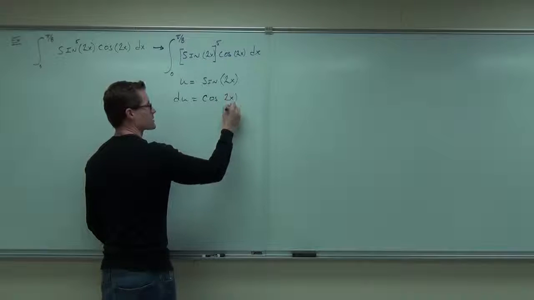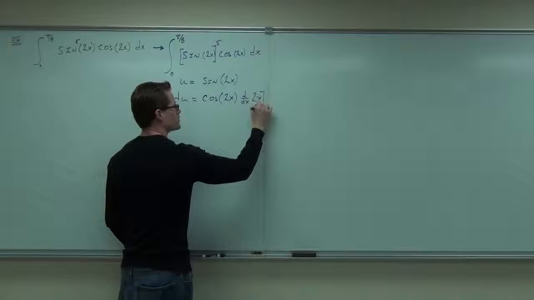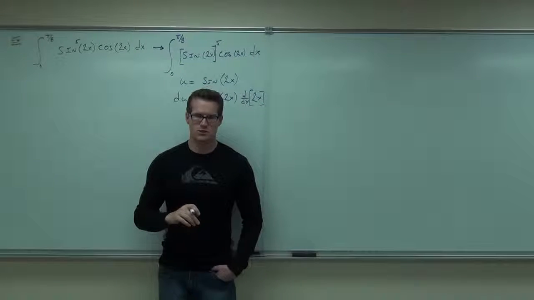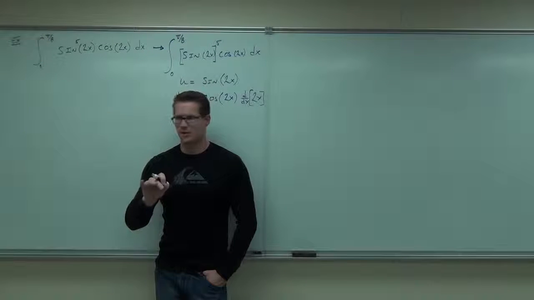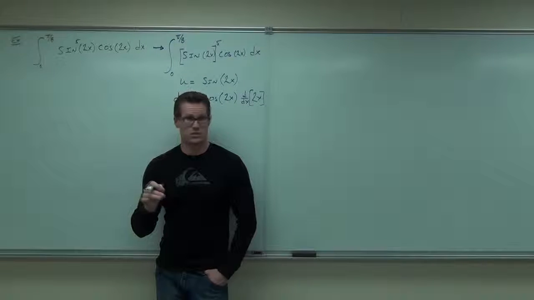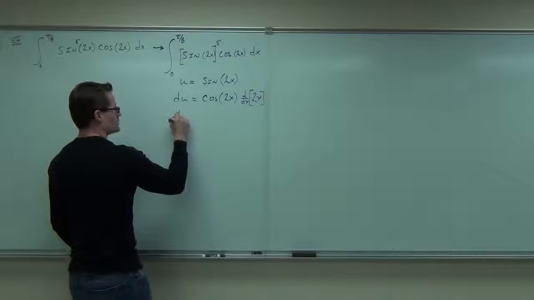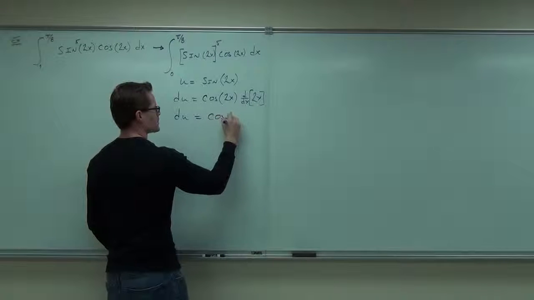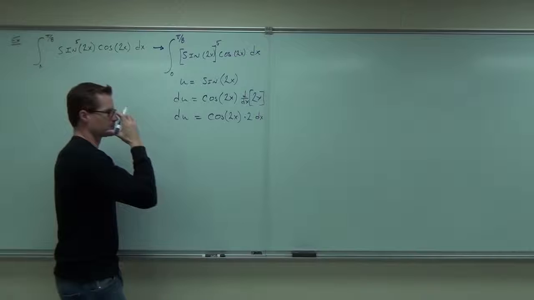Cosine 2x, absolutely. But then the derivative of the inside must also be there. A lot of times when people do this, they're off by a factor of 2, actually a factor of 1/2, because when you divide it's 1/2. But they're off by that because they forget all about the 2. Do you see the 2? Don't lose the 2. Okay, so we're going to have du equals cosine 2x times 2 dx.